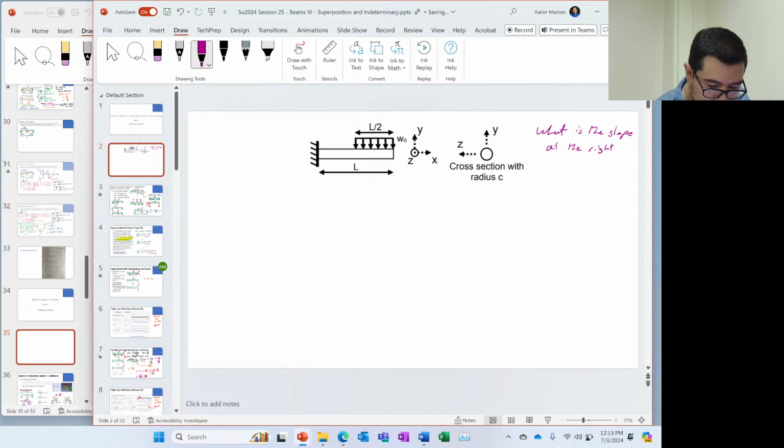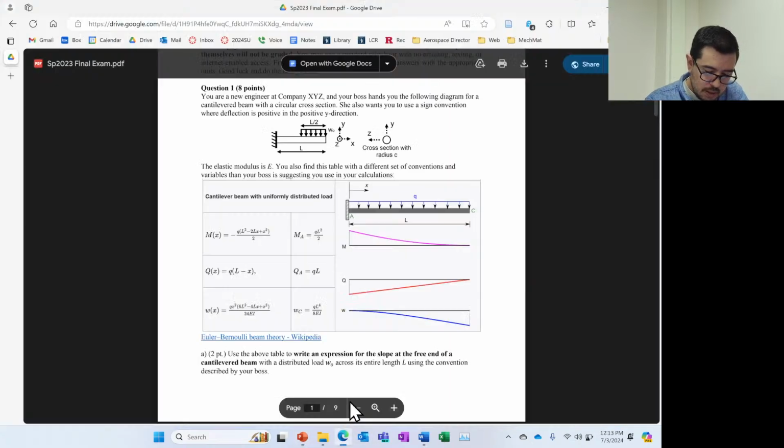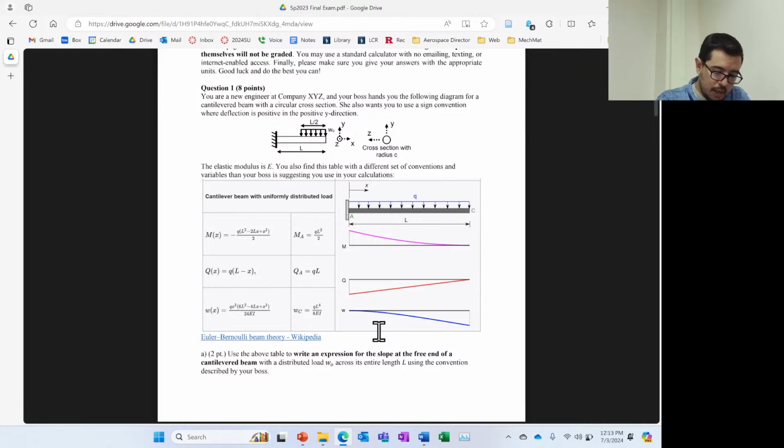At the right end, you're actually given this table right here. This table tells us that we can figure out the deflection w of x using this formula.